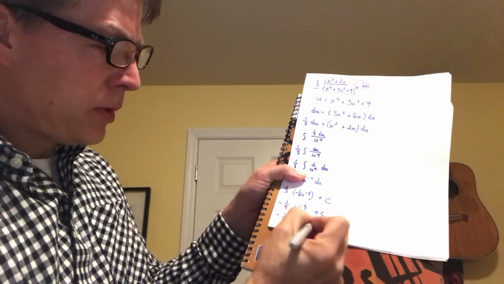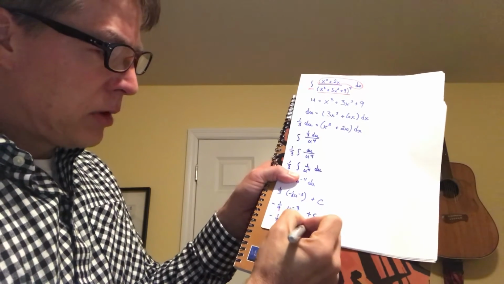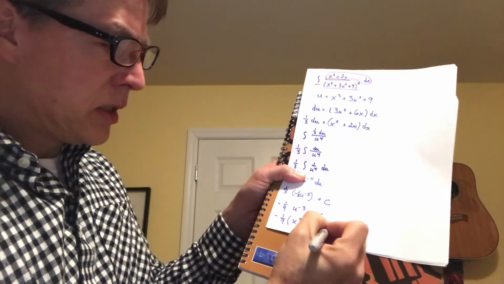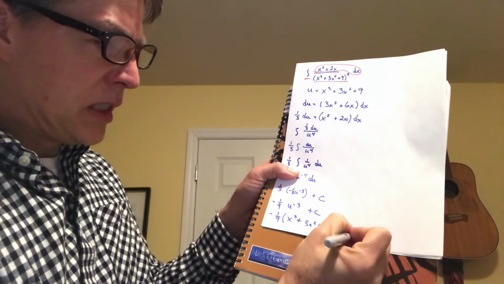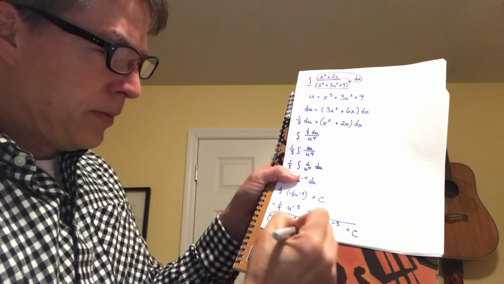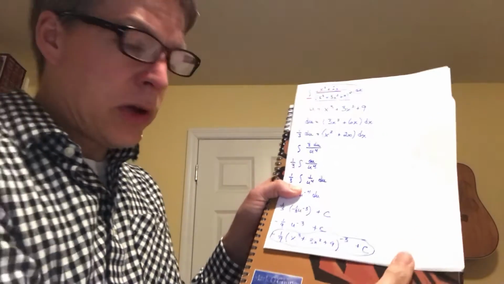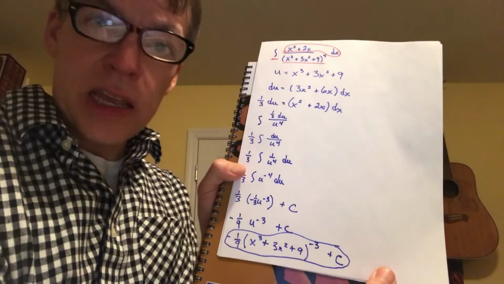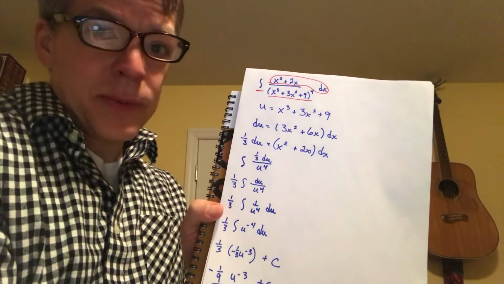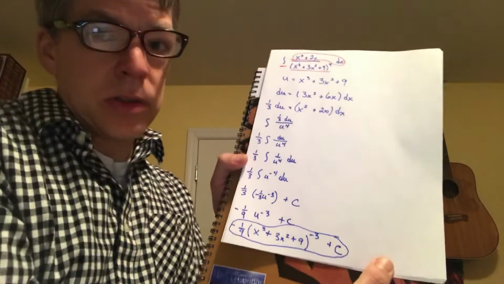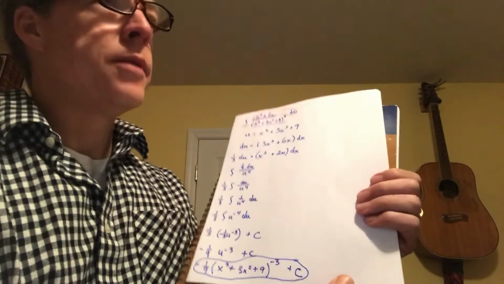X cubed plus 3x squared plus 9 to the -3 plus c. Shazam, kabam. Would you have ever guessed that that was the answer when we first looked at this? Probably not. That's what's so good about u-substitution.